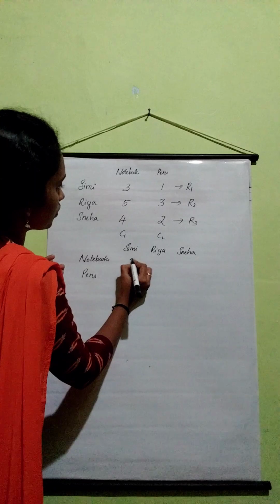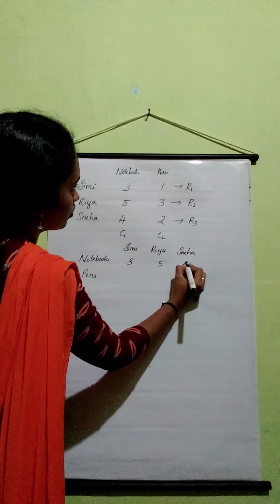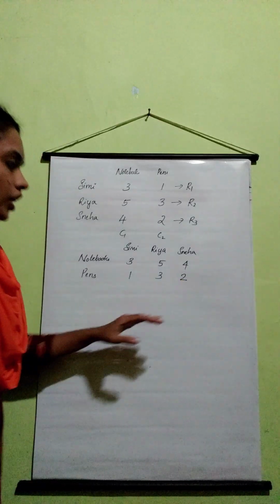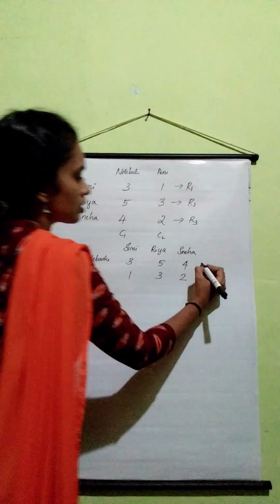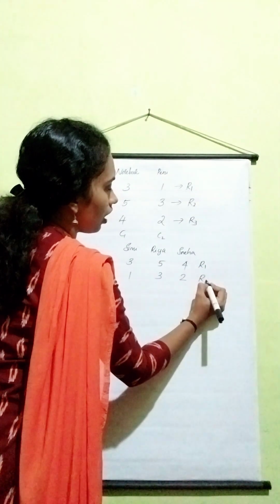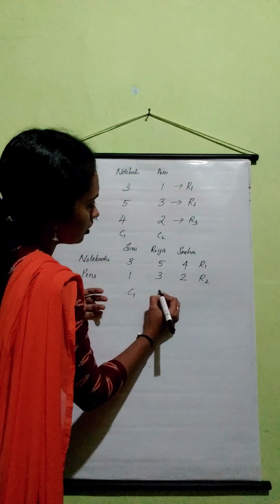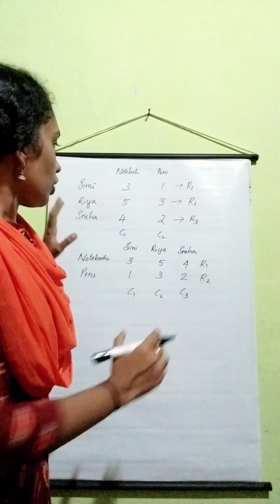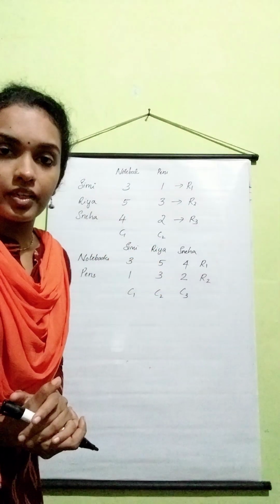Then notebooks 3, 5, 4, pens 1, 3, 2. Here we have 2 rows, R1, R2, and 3 columns. Isn't it?